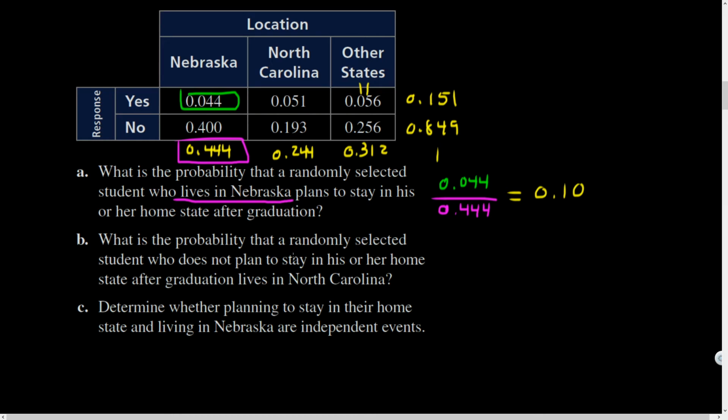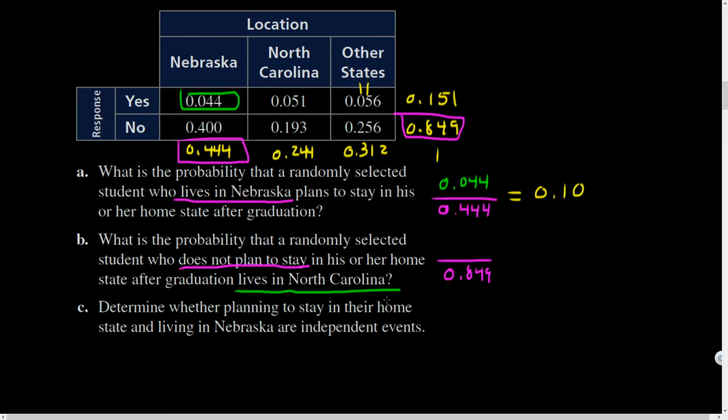Okay, what is the probability that a randomly selected student who does not plan to stay, so this is relative to the row, so I'd be looking at this entire row across, so these are the not stayers, so the denominator would be 0.849. So of those who do not plan to stay, what's the question?